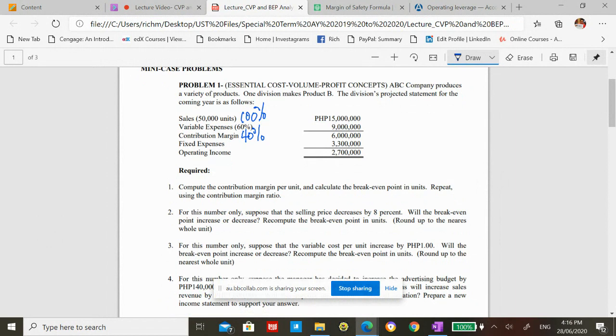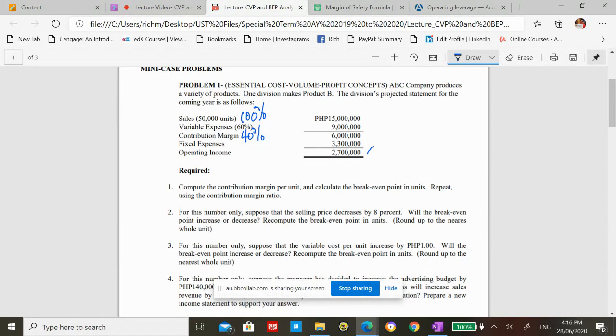Fixed expenses are 3,300,000, and we have operating income of 2,700,000. Let's check if our computation is correct. 15 million minus 9 is 6, then minus 3.3, so our total is 2.7. So the income statement is correct.